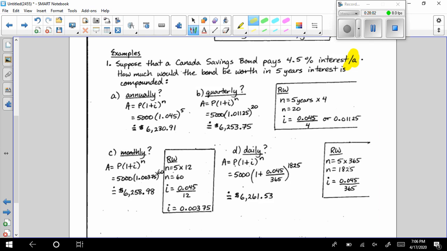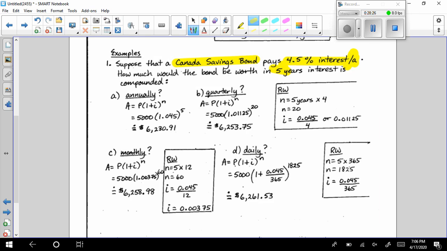So we've got this kind of investment that is paying 4.5% interest per year. Our job is to figure out how much that bond would be worth in 5 years. So we're keeping the length of time the same.